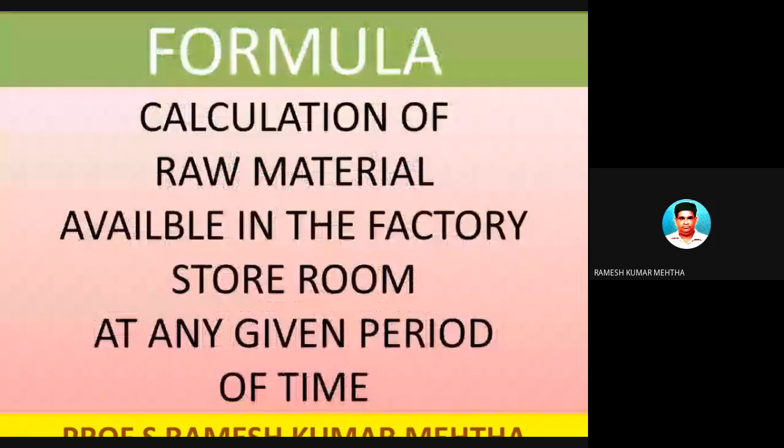And finally, before the conclusion of the session, we derived the formula for calculating the amount of raw material which will be lying idle in the stock room at any given period of time.